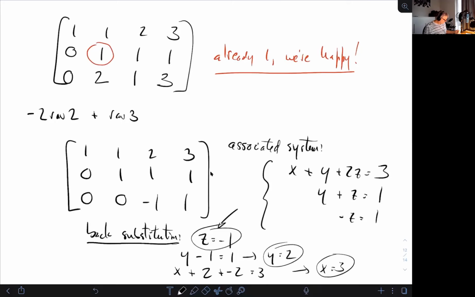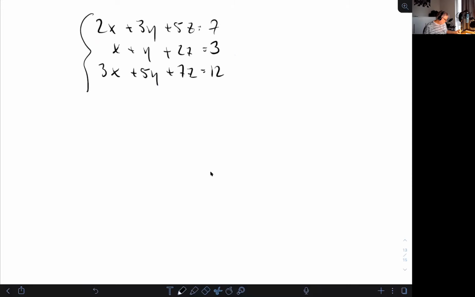So I'm going to go and check. I'm going to go to this system here and check it. So what did I say? We got 3, 2, minus 1, I hope. Let's check. So that's 6 plus 6 minus 5.